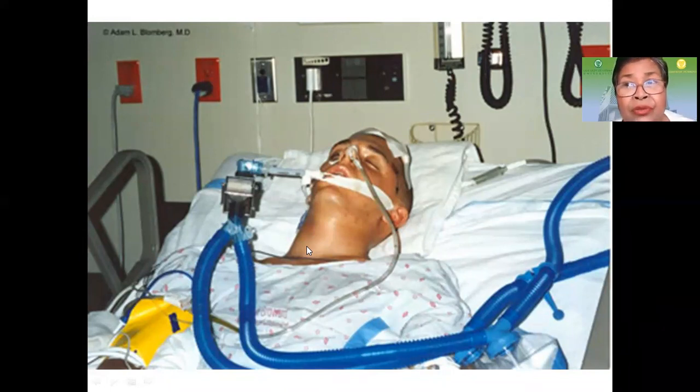You can do deep airway suctioning. Insert 10 to 12 inches or 8, 10, 12 inches of the suction catheter. Ang haba ng ipapasok mo ng suction catheter to do a deep suctioning.